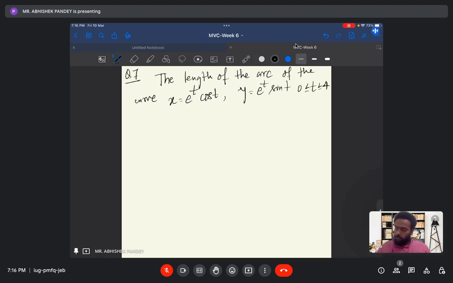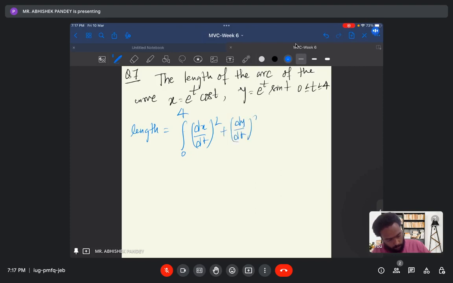so we know the formula of the length. So this length will be the integral from 0 to 4 of the square root of dx by dt whole square plus dy by dt whole square, over dt.